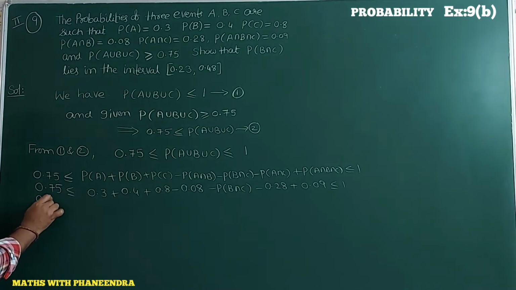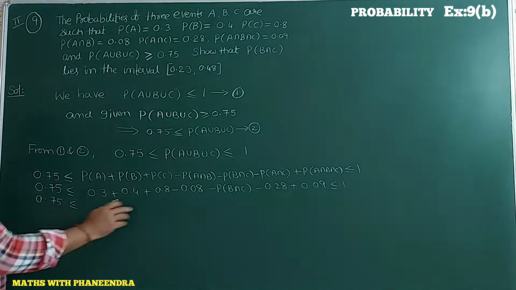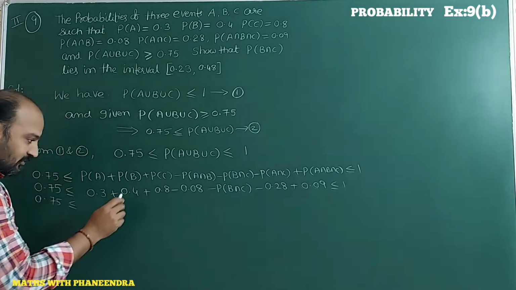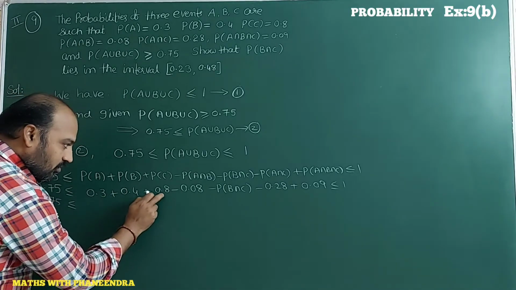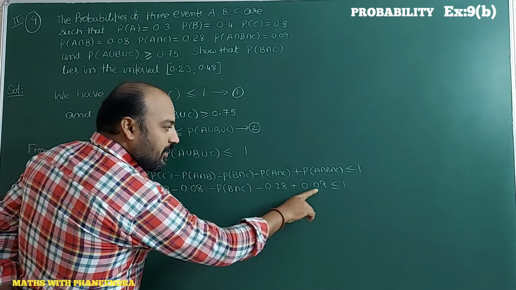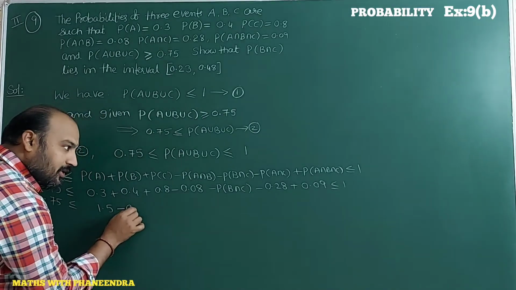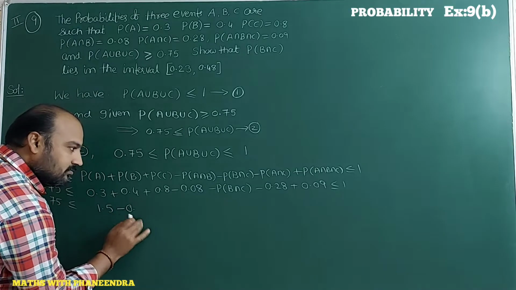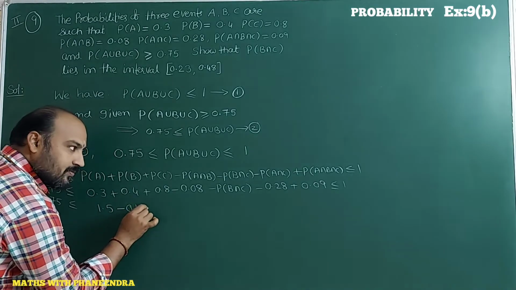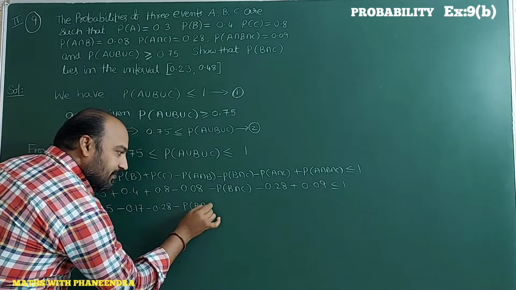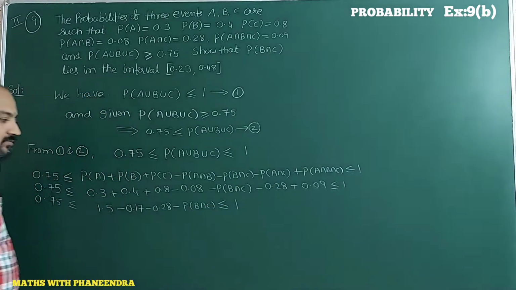So 0.75 is less than or equal to, we will add: 0.3 plus 0.4 is 0.7, plus 0.8 is 1.5, minus 0.08 plus 0.09, which is 0.17, minus 0.28, minus P of B intersection C, is less than or equal to 1.